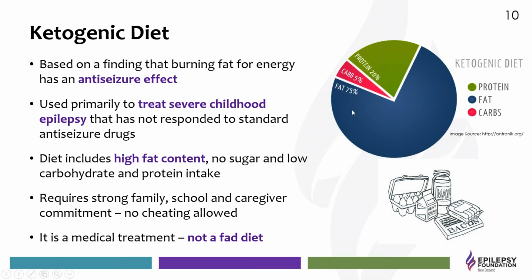So this is a ratio where you see, this would be an example of a 3-to-1 ratio. So a 75% fat content would mean that for every gram of protein that you eat, or combined protein and carbohydrate, you would have to eat 3 grams of fat. So think about that.